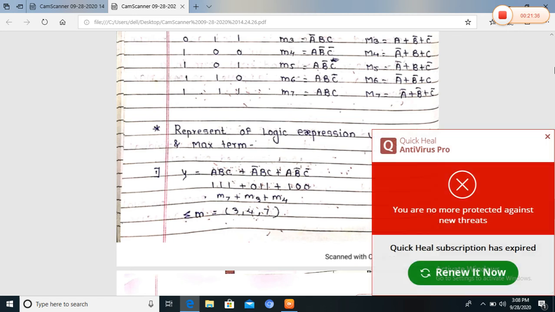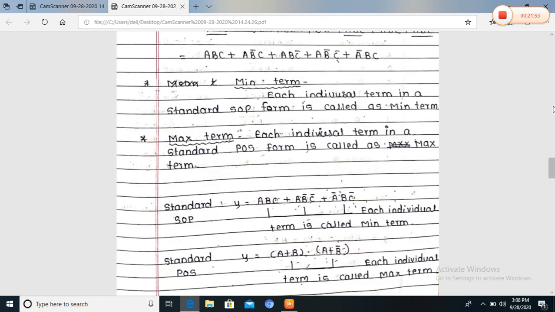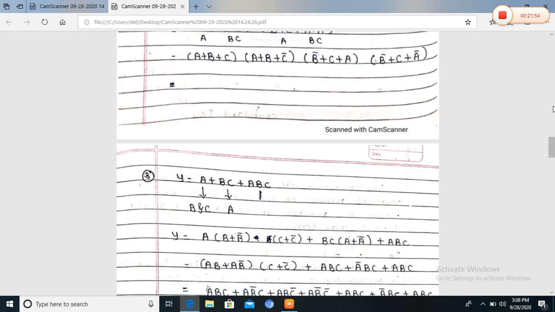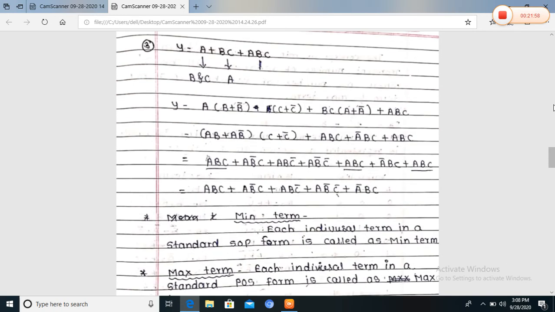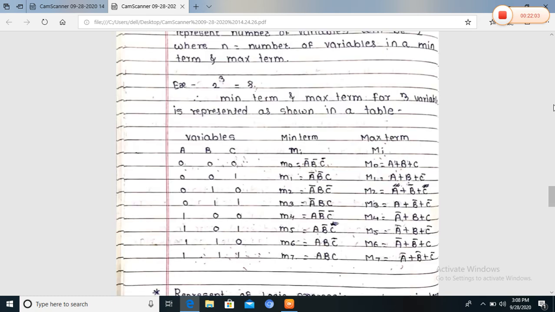These min terms are represented in the standard SOP expression, and each individual term in a standard SOP is called a min term. So that expression is in standard SOP.